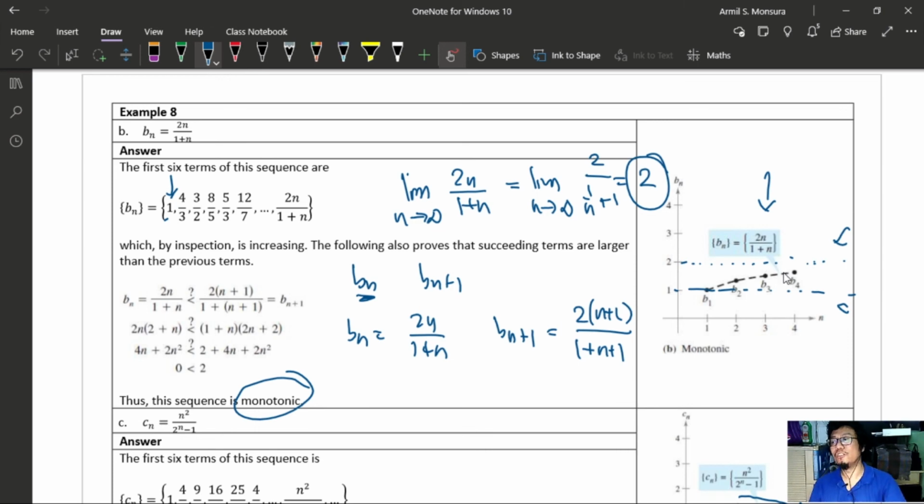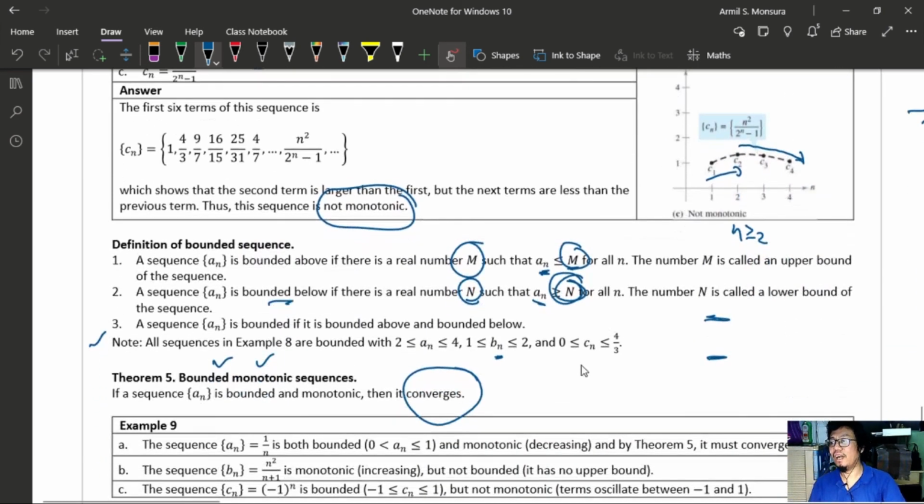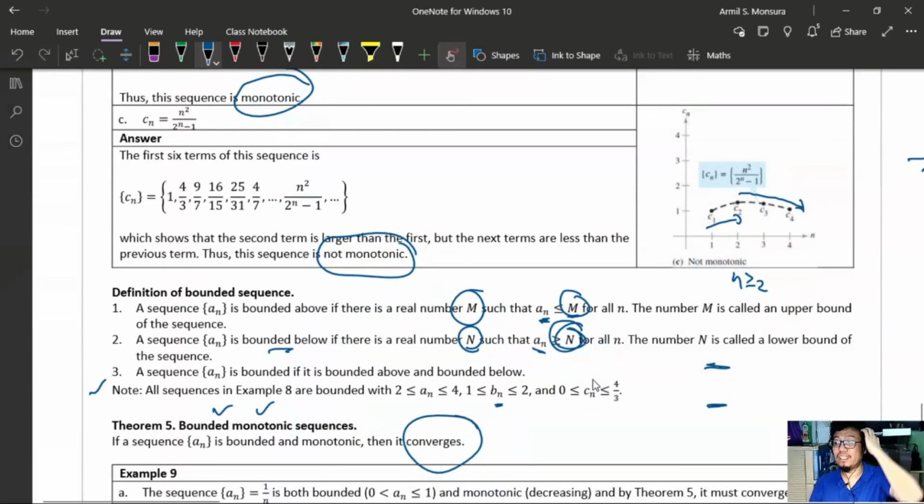Okay. So, for letter C, the upper bound of the sequence is... We will not evaluate the limit of n square over 2 raised to n as n approaches infinity to find the upper bound of your sequence.